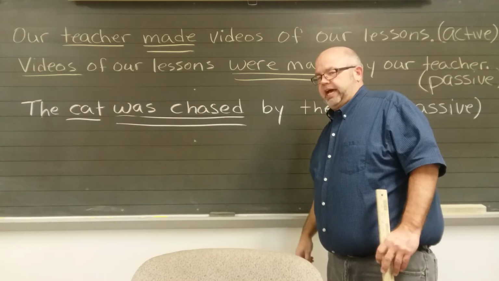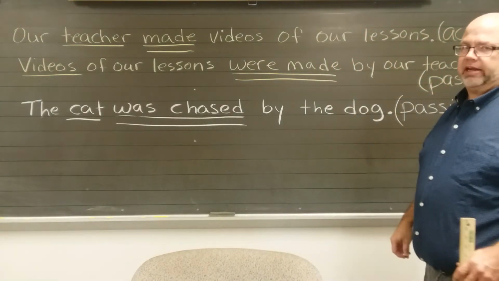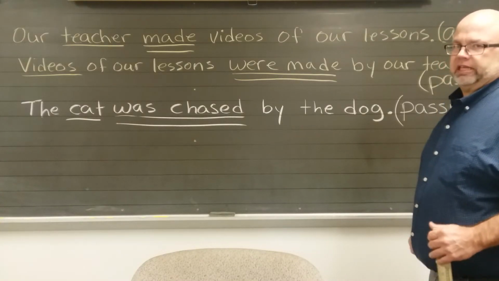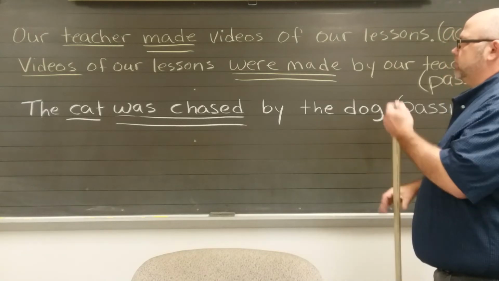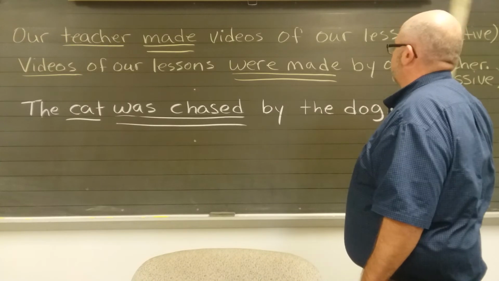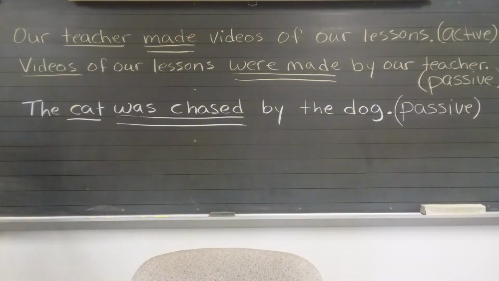How do you write that in the active form? How would you write that in the active? Make the subject be doing the action. So rewrite it and look at the way it's done up here. Look at the active compared to the passive up there. And in your mind, rewrite this sentence.